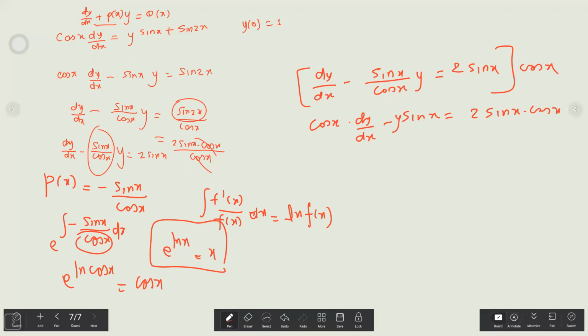So cos x cancels. After this, you don't even need to worry, you can blindly write down that this is nothing but the derivative of y times cos x equals, and 2 sin x cos x can be written as sin 2x. So you get this step even if you just remember the previous stuff in your mind.